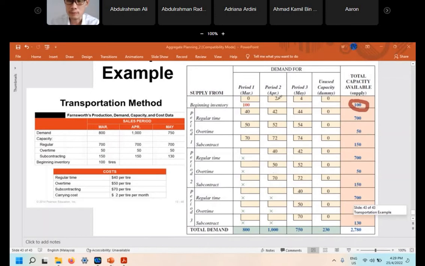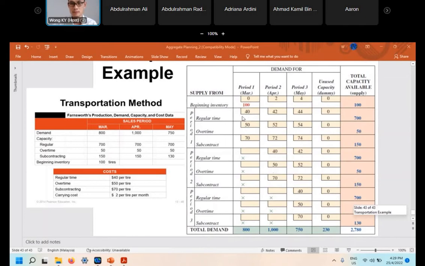Then we move on to the next cell that has the minimum cost, which is this cell. So again, you have to ask yourself, can I assign anything here? The answer is cannot. Because although the demand is 750, I've already used up my capacity of 100. So I cannot assign anything here. Right? Okay, then move on to the next cell, which has the minimum cost. So this cell, this one, with $40.